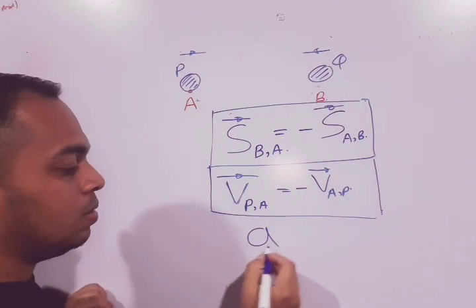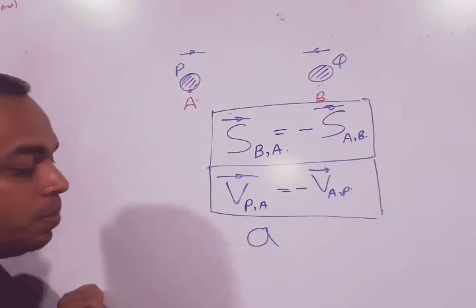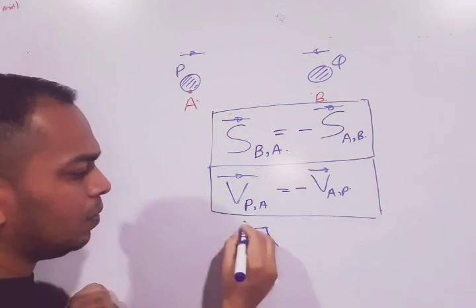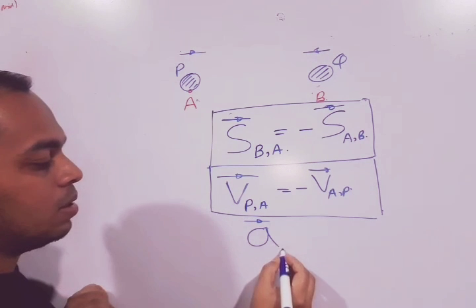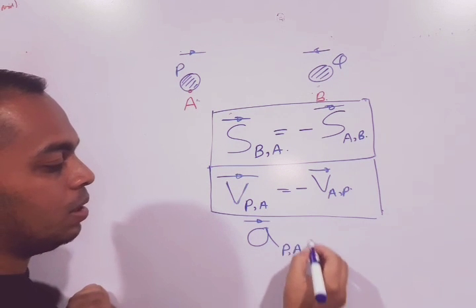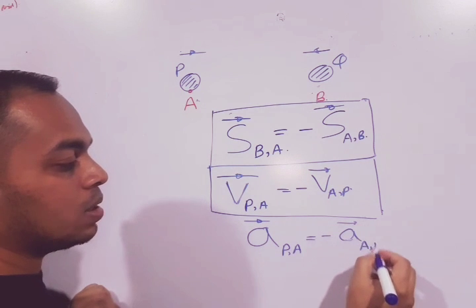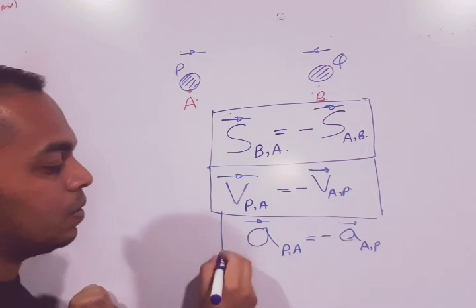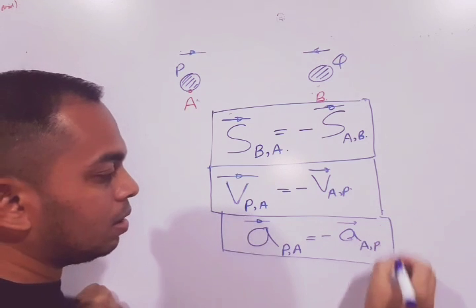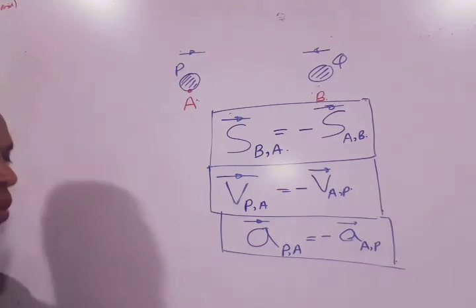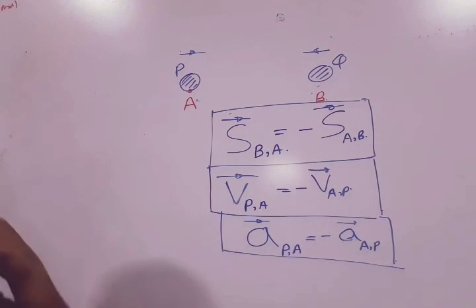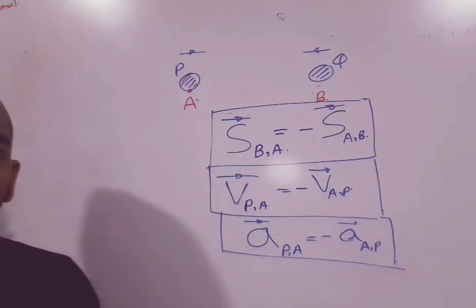To represent acceleration we use A. Acceleration of P with respect to A is equal to minus acceleration of A with respect to P. So these are the three definitions that you have to remember. If you know these things, it will be easier for you to follow.